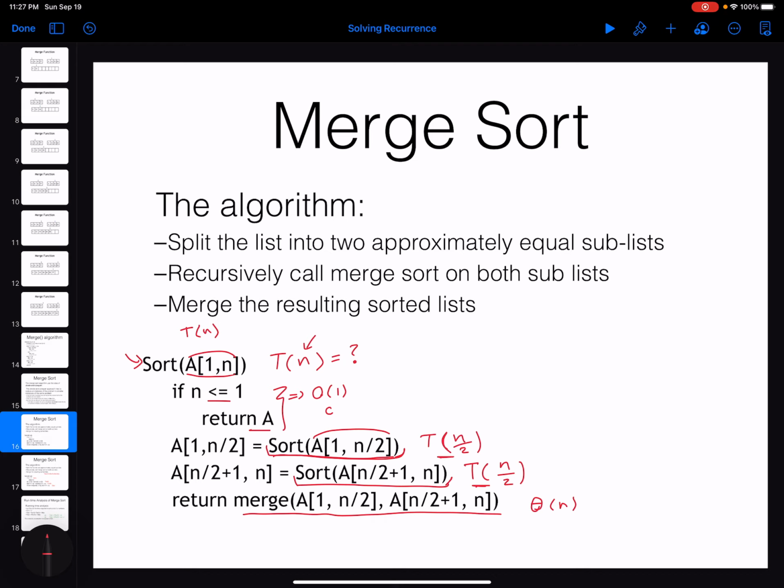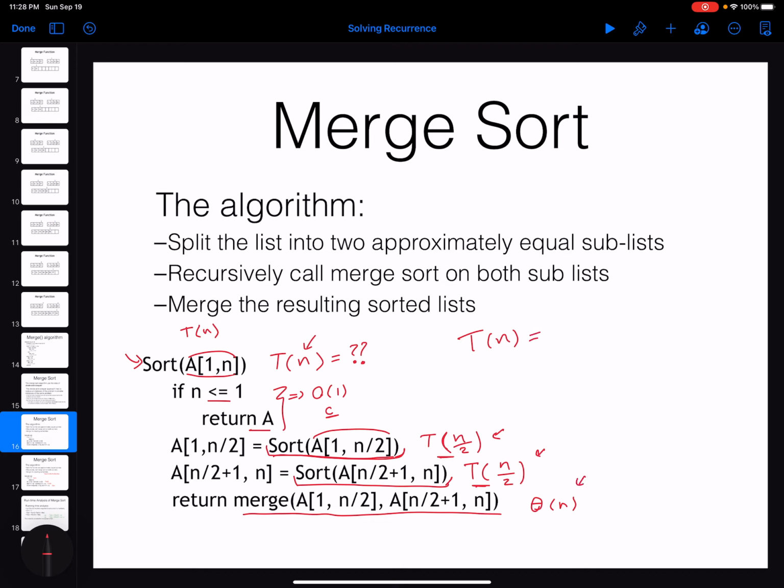So now I'm going to get back to here, and say what is going to be the full T of n? That is going to be the summation of all these terms that I found here.